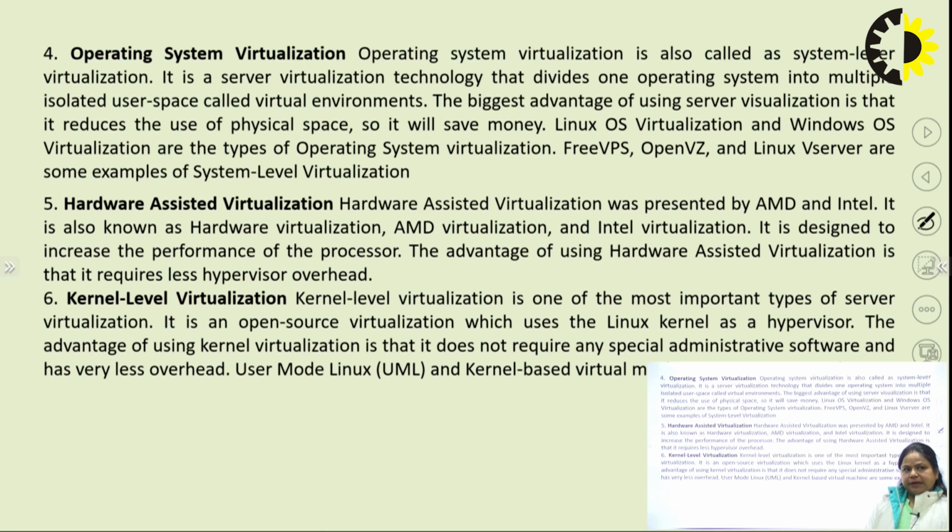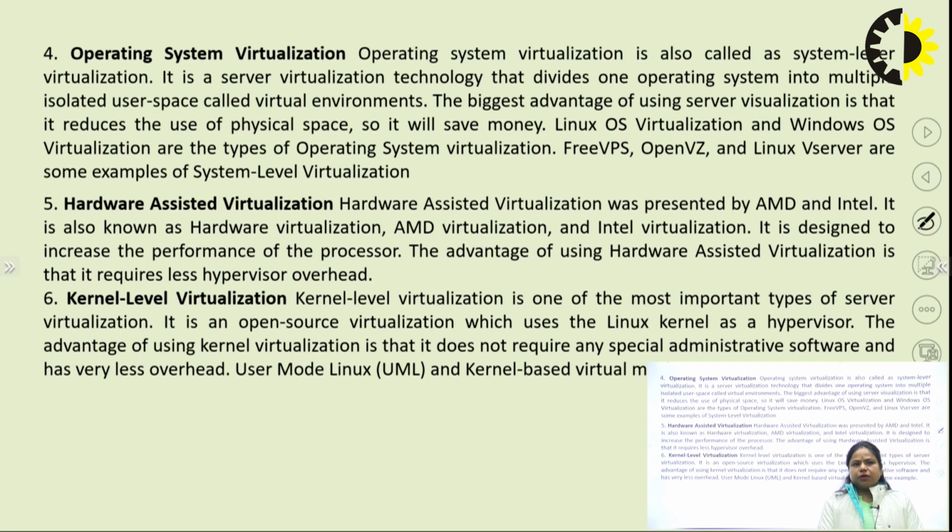The next is operating system virtualization. As I'm talking about operating system virtualization, it means the virtualization of different operating systems. We can easily do virtualization on different operating systems, like Linux, OpenVZ, Windows, Ubuntu, and so on.